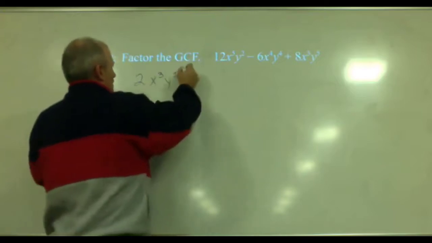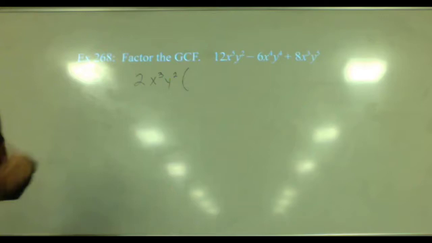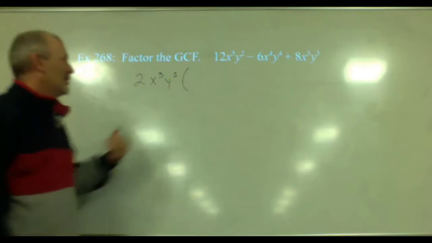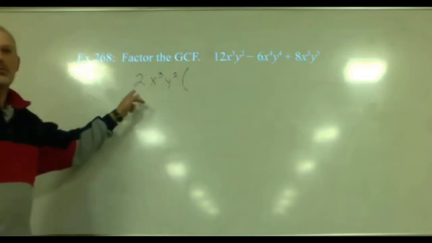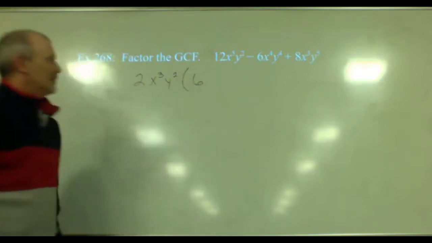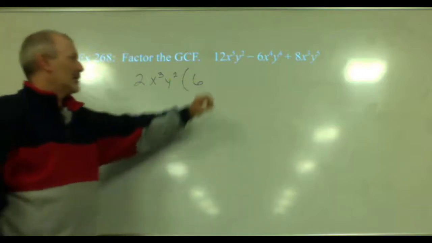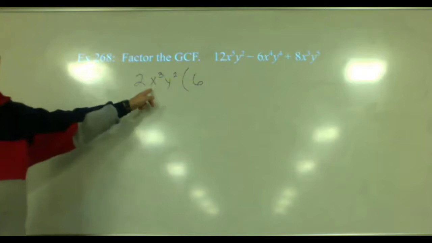That's our GCF. And then we put our parentheses. And then we think about what's left after we divide this out. So let's start with the number. What's left when we take the 12 and divide out the 2? 6. Okay. Then look at the x's. You've got x to the 5th. You're dividing out x cubed.